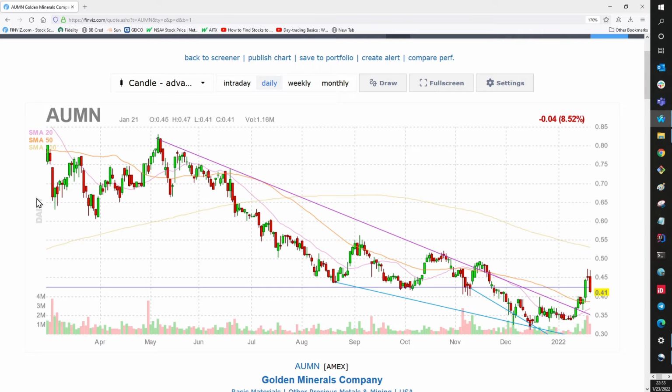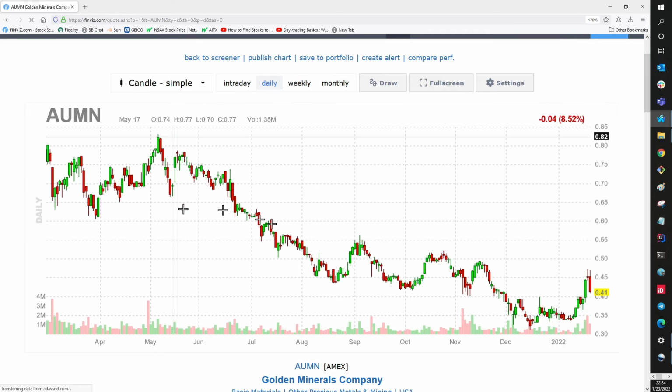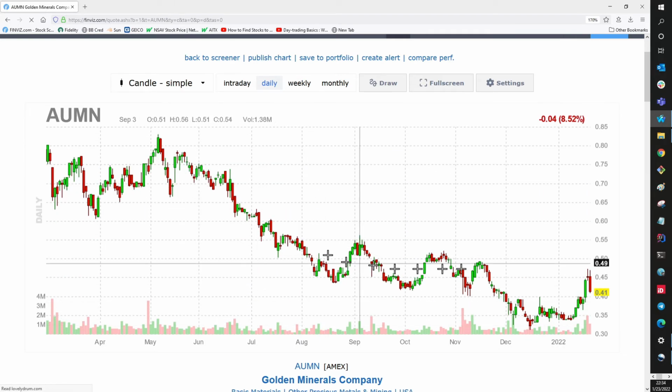Now, these red and green little vertical bars are called candles. We'll get to them in a bit. Right now the chart seems to be showing as candle advanced. Let's do candle simple, and that is the candles and the volume without all the extra lines.